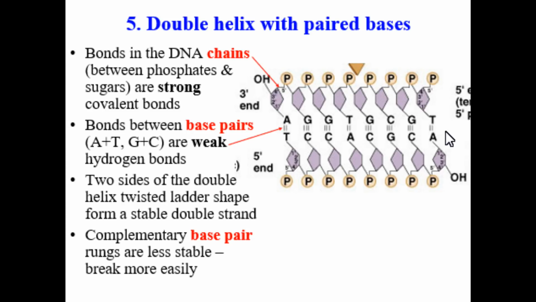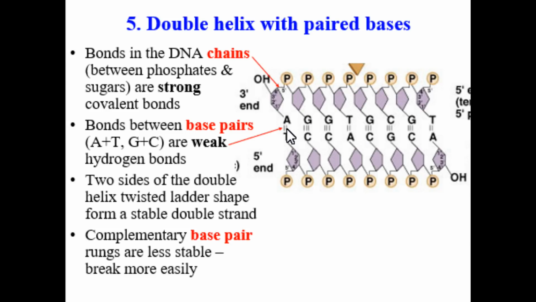And that is relatively weak. These bonds with little dashes are weaker than the bonds between the base and the sugar, and the sugar and the phosphates, and the phosphates and the next sugar. These bonds can be broken, but they tend to be stronger than these bonds between the bases. This is the weakest part of DNA.